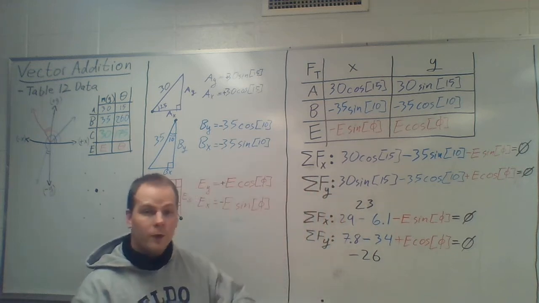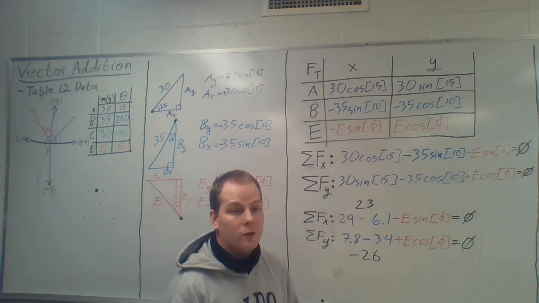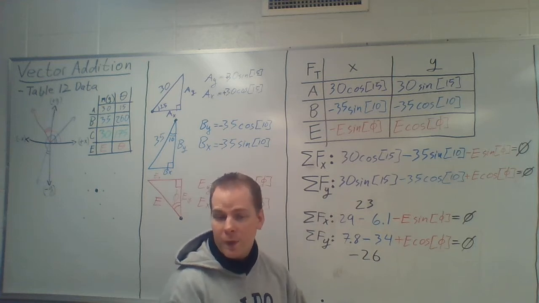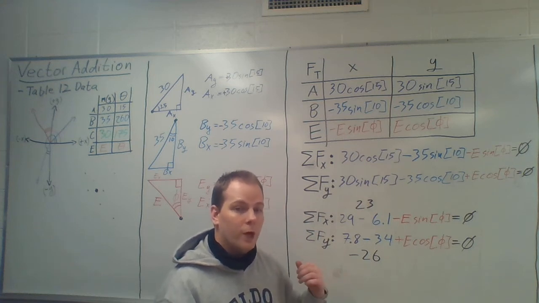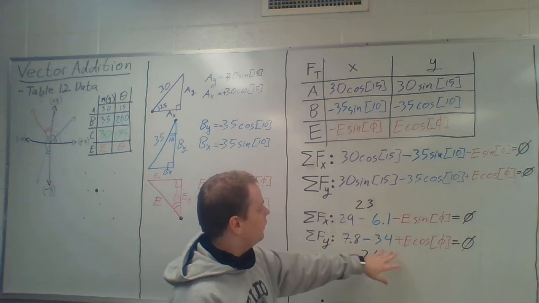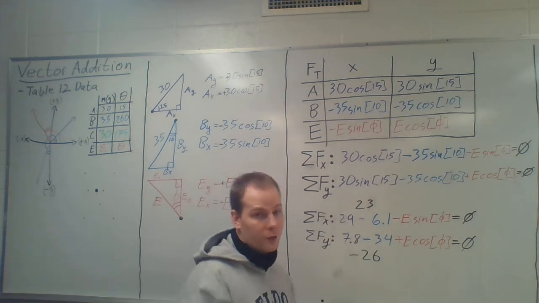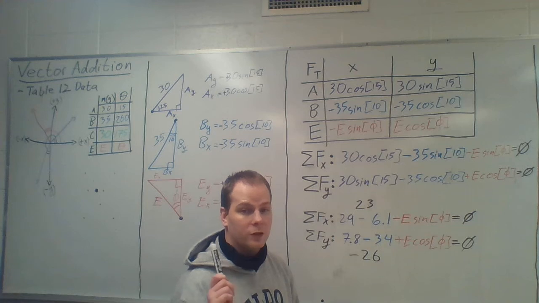So now we have a very, very simple case of two equations, two unknowns. We don't know phi, and we don't know E. So we are going to solve one of these two equations for E, plug it into the other equation, and that will allow us to calculate phi, which I'm going to have to move my laptop to show you this part.